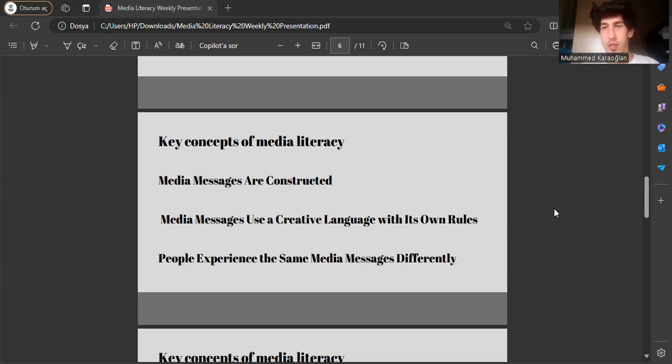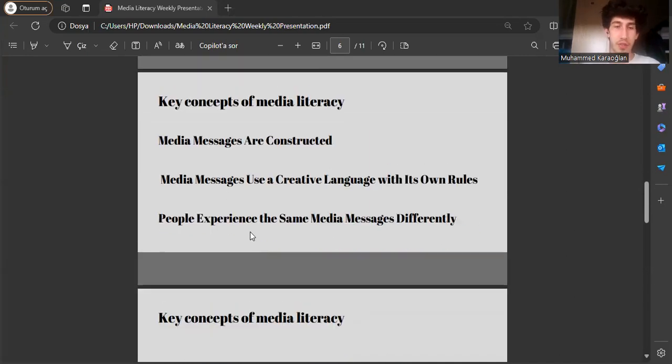Like when we see a movie, there are backgrounds, music, costumes, actors' performances, and editing. Even without dialogue, they can give us a message. That's what I mean by using a creative language with its own rules.